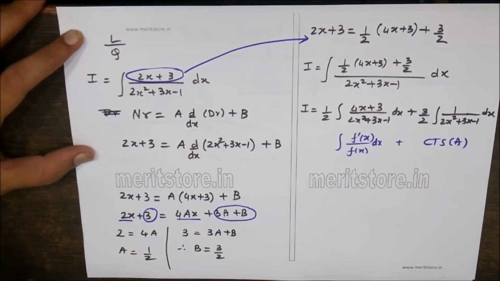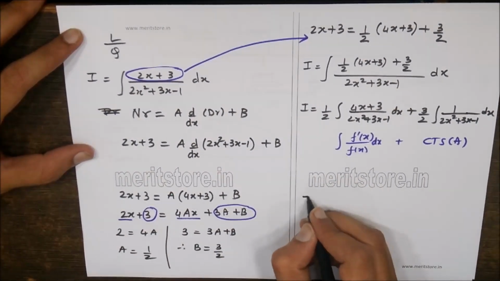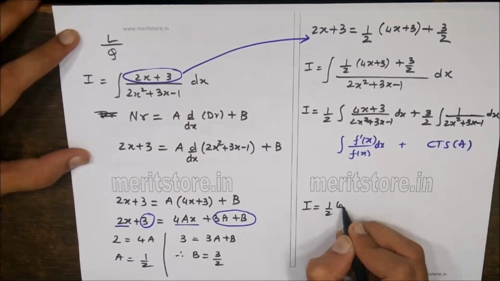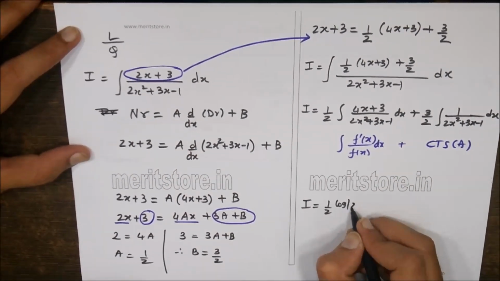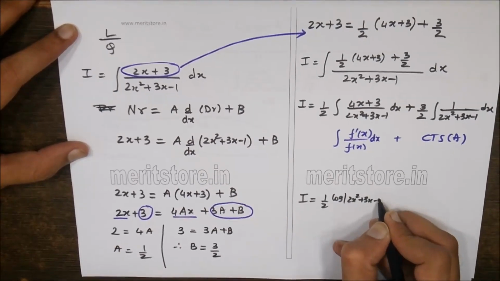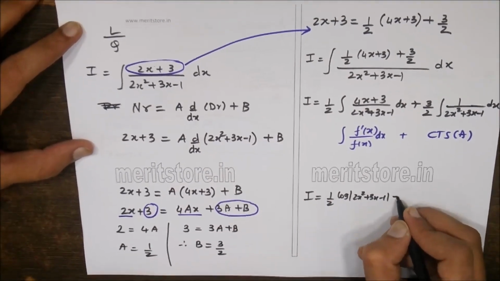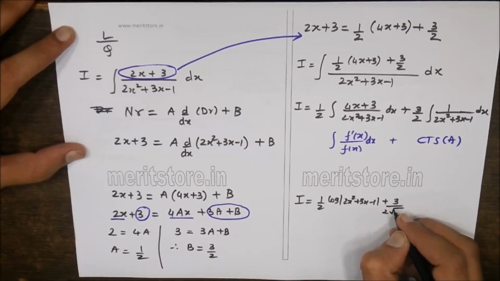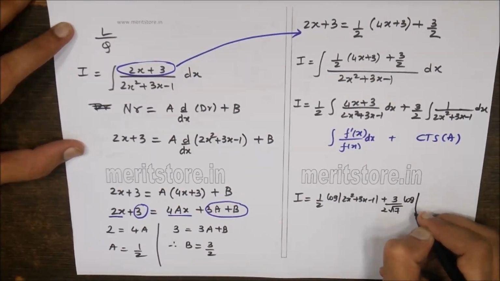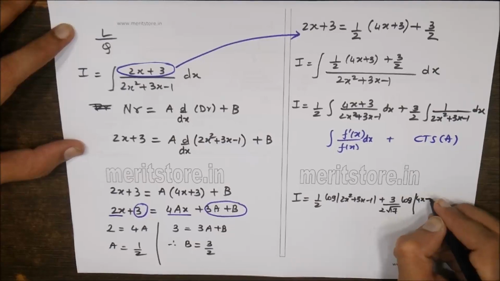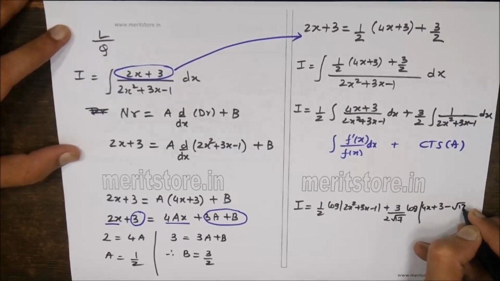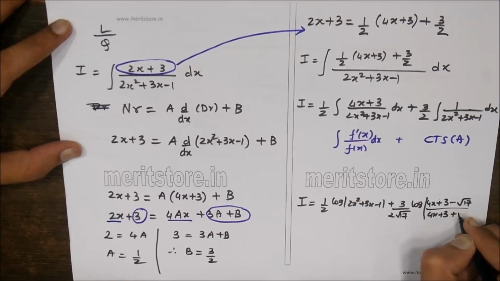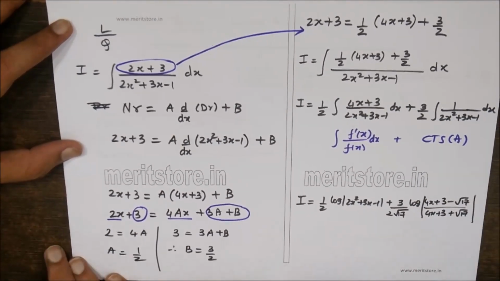Applying formulas in both the cases following the steps, my final answer of this integral would be half of log mod 2x square plus 3x minus 1 plus 3 upon 2 root 17 log mod 4x plus 3 minus root 17 upon 4x plus 3 plus root 17.